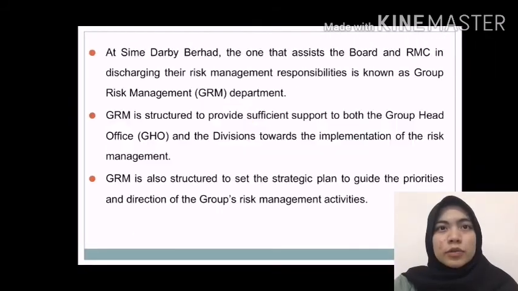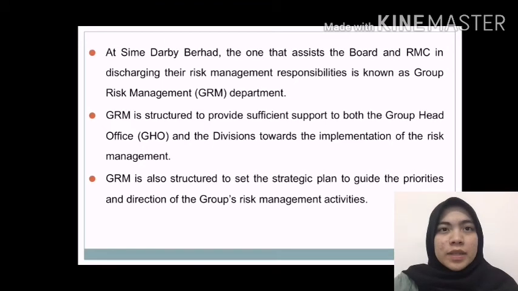Next, moving on to the Group Risk Management (GRM) department. At Sime Darby Berhad, the one that assists the board and RMC in discharging their risk management responsibilities is known as the Group Risk Management (GRM) department.